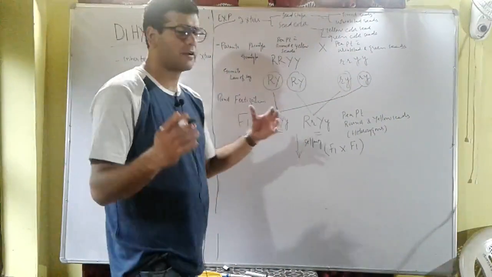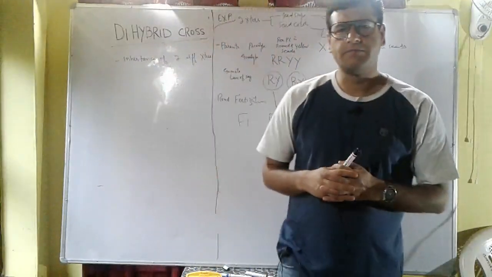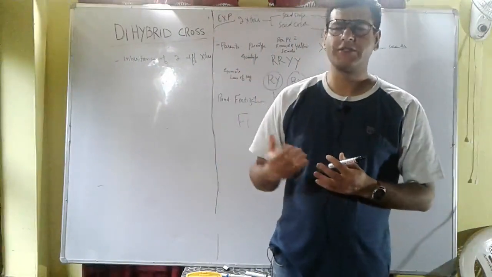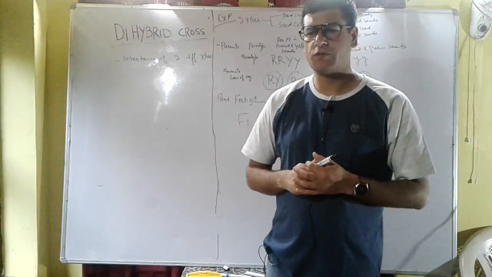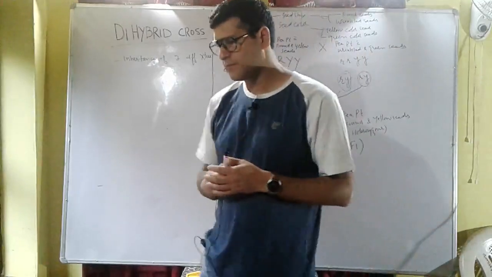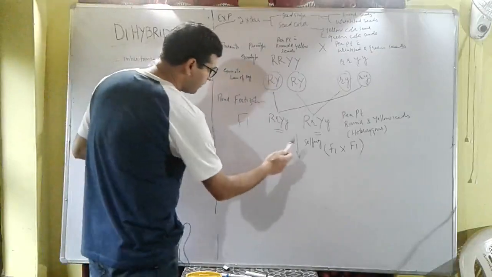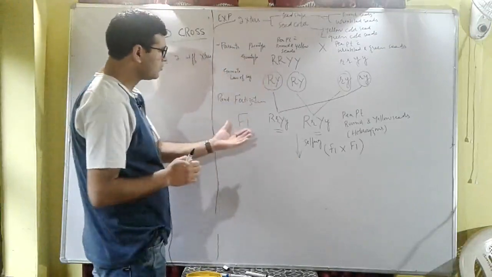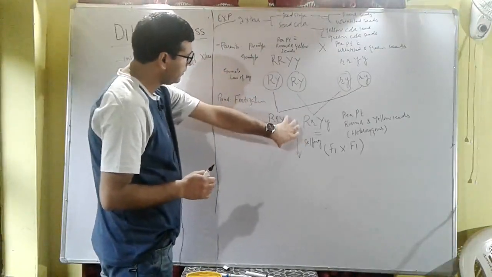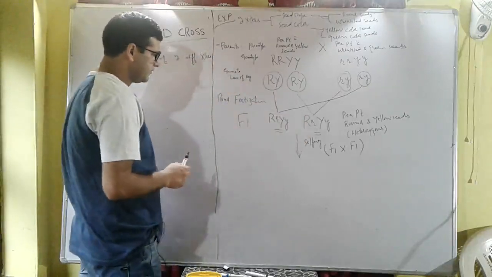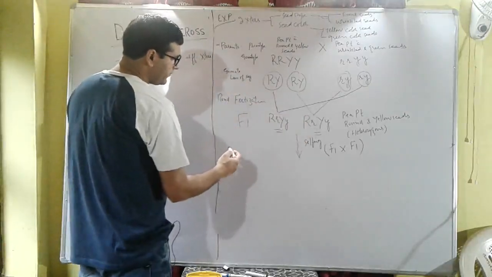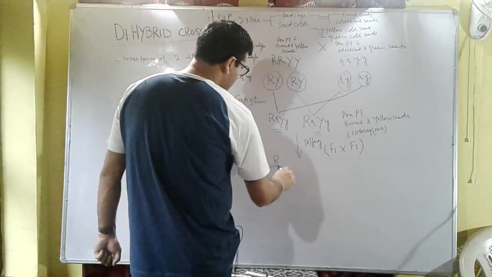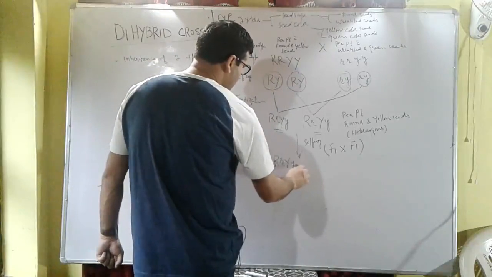When these F1 individuals were crossed with each other, the seeds were collected, sown in the fields, and ultimately the F2 generation was raised from this cross. See what will happen. So this is our F1 generation. Now we'll make gametes, capital R small r, capital Y small y.